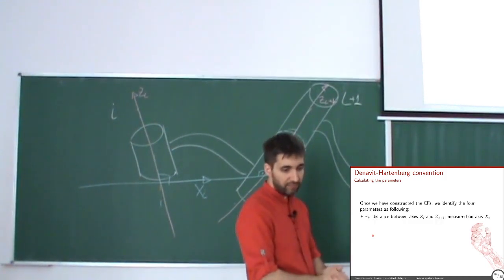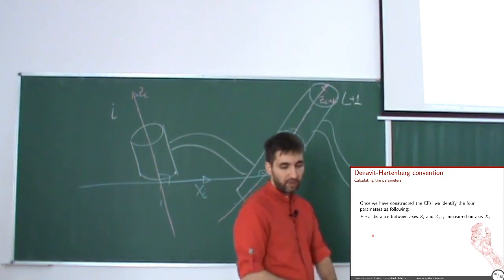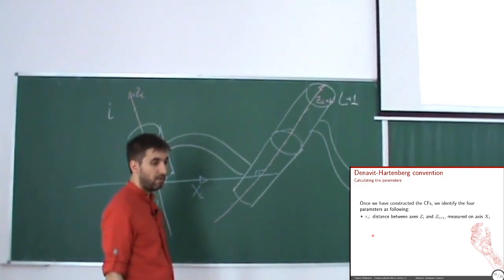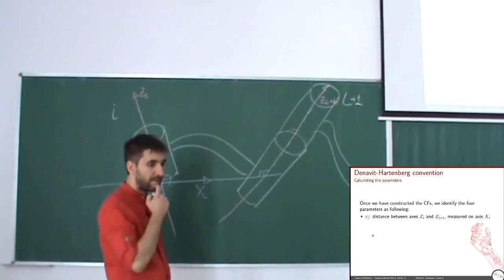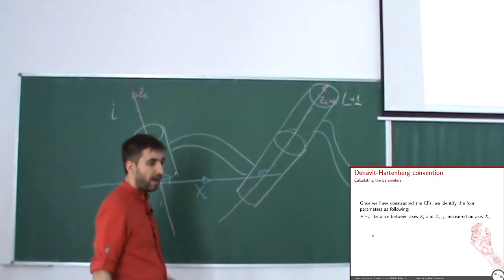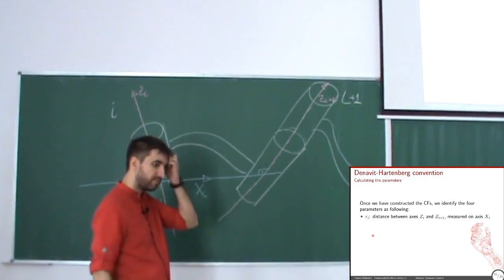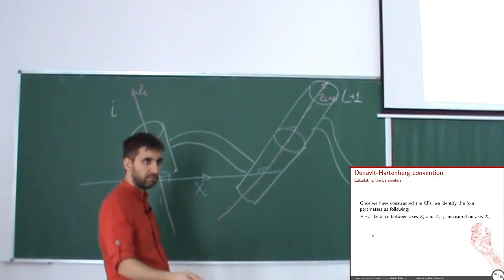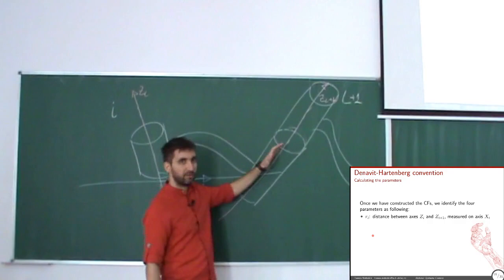So once we have identified these coordinate frames, we start working on identifying the 4 parameters for axis i, from i to i plus 1. So first thing, ri is the distance between Zi and Zi plus 1 as measured on xi. So I have Zi, I have Zi plus 1.